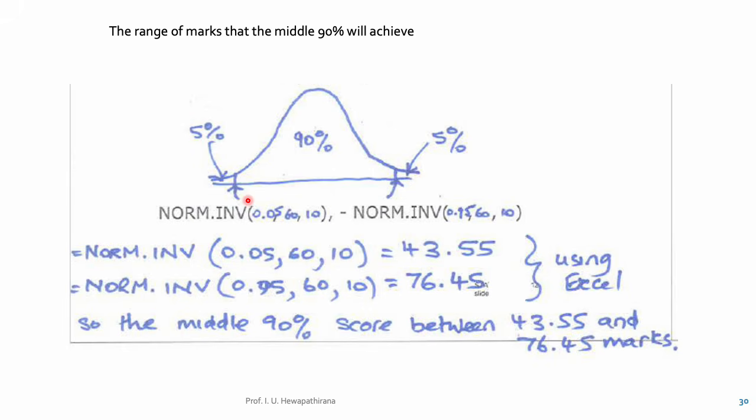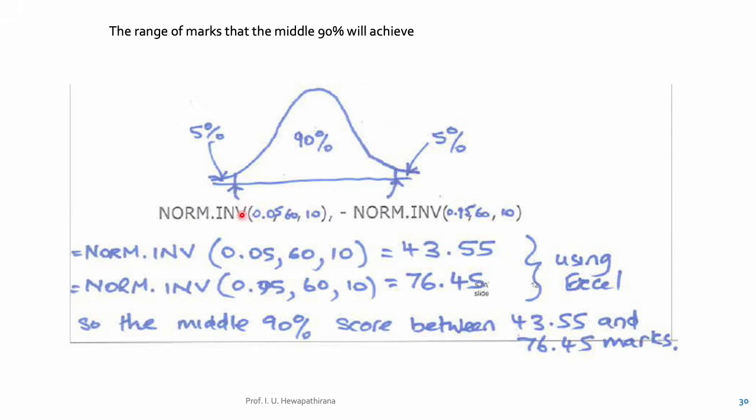To find this value, simple A, we can use norm.inv 0.05, 60, 10. To find this value, we can use the probability to the right of simple B is 95%, 90 plus 5. So norm.inv 0.95, 60, 10.